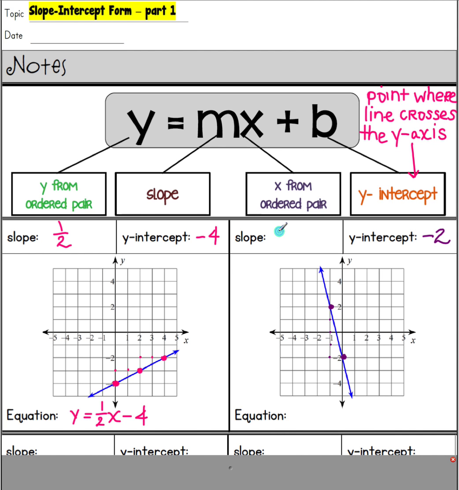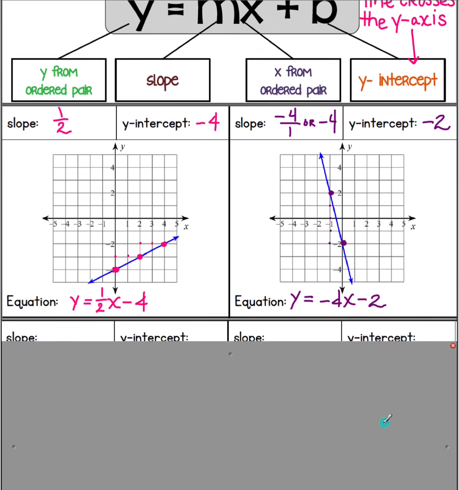So that would be a slope of -4 over 1, or we could just write that as a slope of -4. So when we write our equation, this would be y equals -4x, and our y-intercept was -2, so y equals -4x minus 2. That would be our equation.